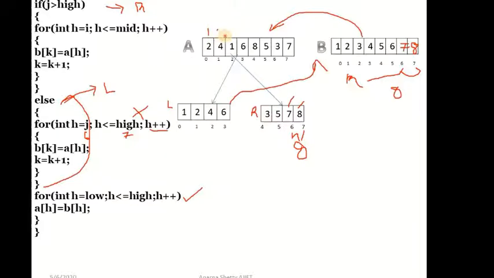So 1, 2, 3, 4, 5, 6, 7 and 8. We'll copy the sorted elements to the original A array at the end. So this was how merging took place.